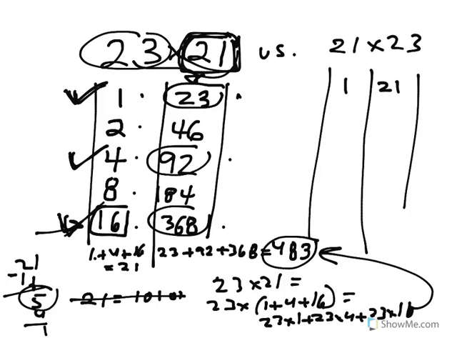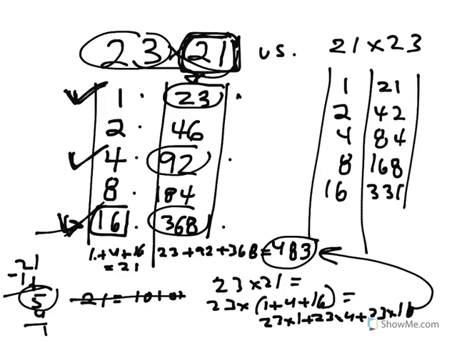If you wanted to practice doing it the other way, well, that would look like this: 21, 42, 4, 84, 8, 168, 16, 336. Add up to 23, that would be 16. I still need 7 more, so 4, 2, and 1. And then I would add together these 4 numbers.